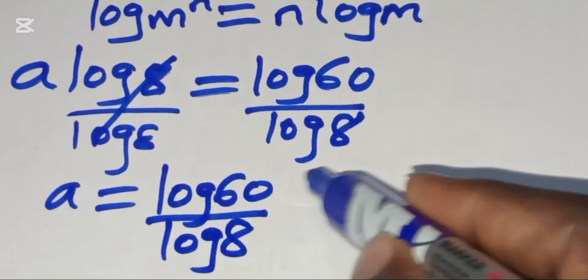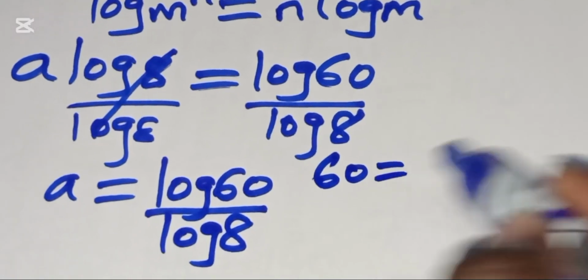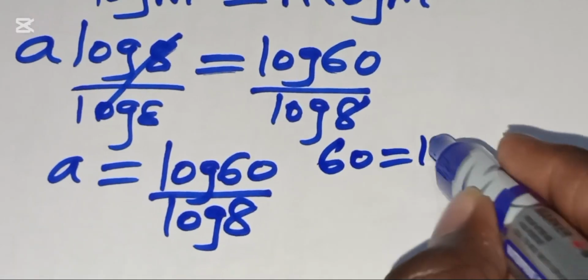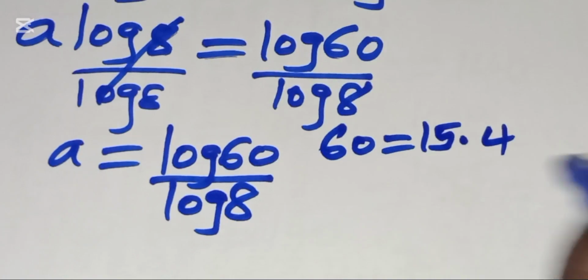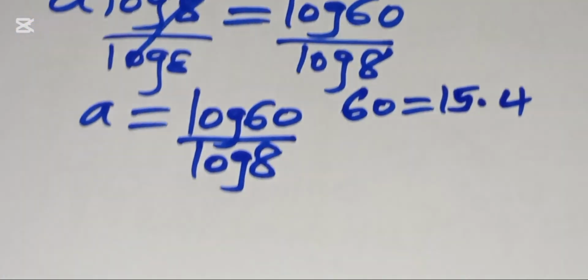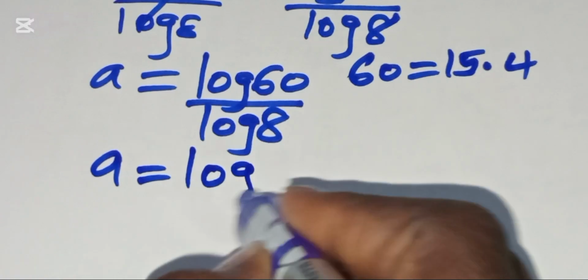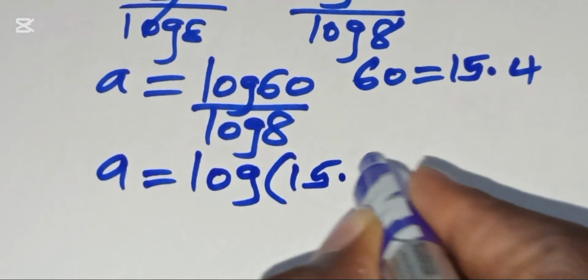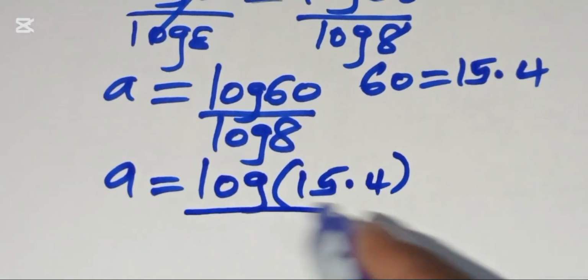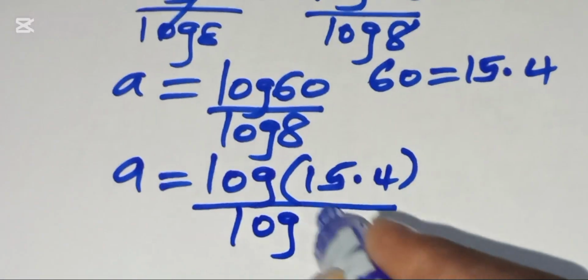Now 60 can be expressed as 15 multiplied by 4, so we have log of 15 multiplied by 4 divided by log 8.